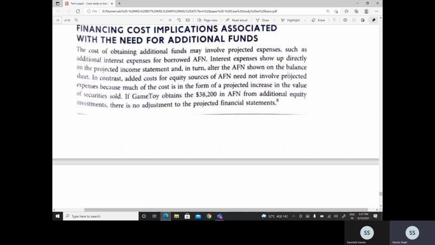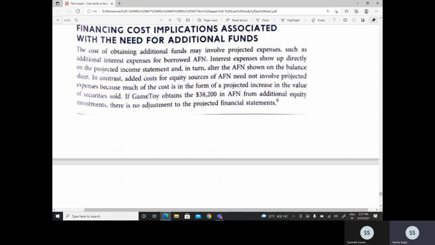So we were at the end and we were discussing the financing cost implications associated with the need for additional funds. So the cost of obtaining additional funds may involve projected expenses such as additional interest expenses for borrowed AFN. Interest expenses show up directly on the projected income statement and in turn alter the AFN shown on the balance sheet.